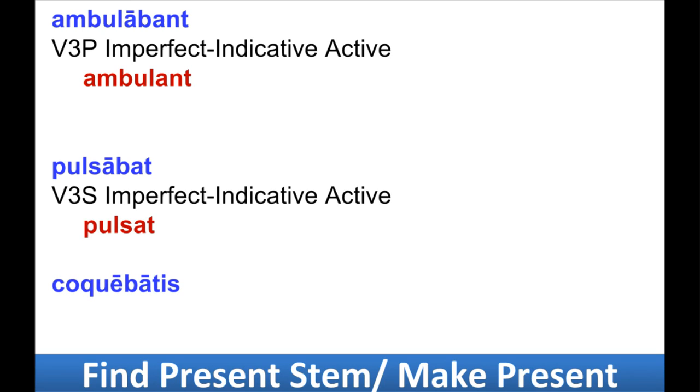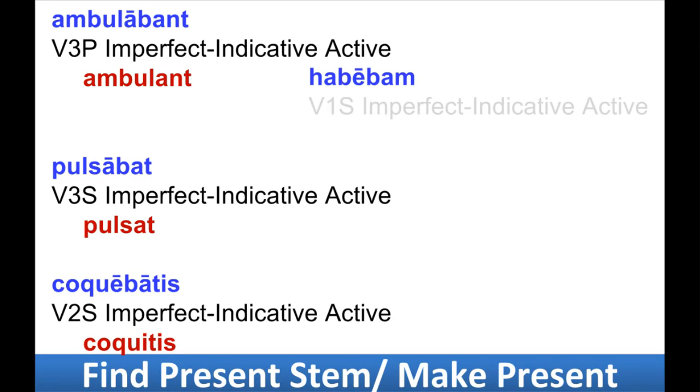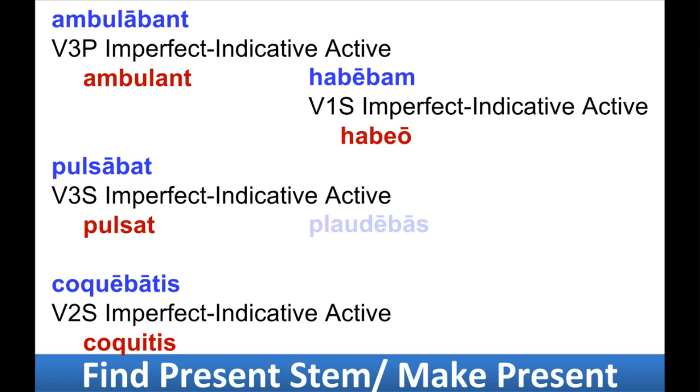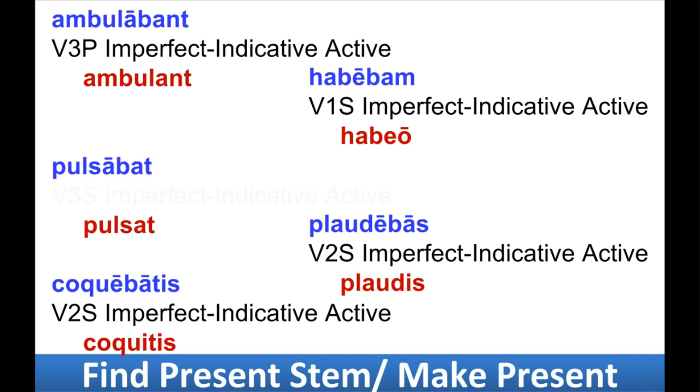Coquebatis, second plural of coquitis, he cooks, he was cooking. Habebam, first singular of habeo, I was having. Plaudebas, the second person singular imperfect of plaudis, you were applauding.